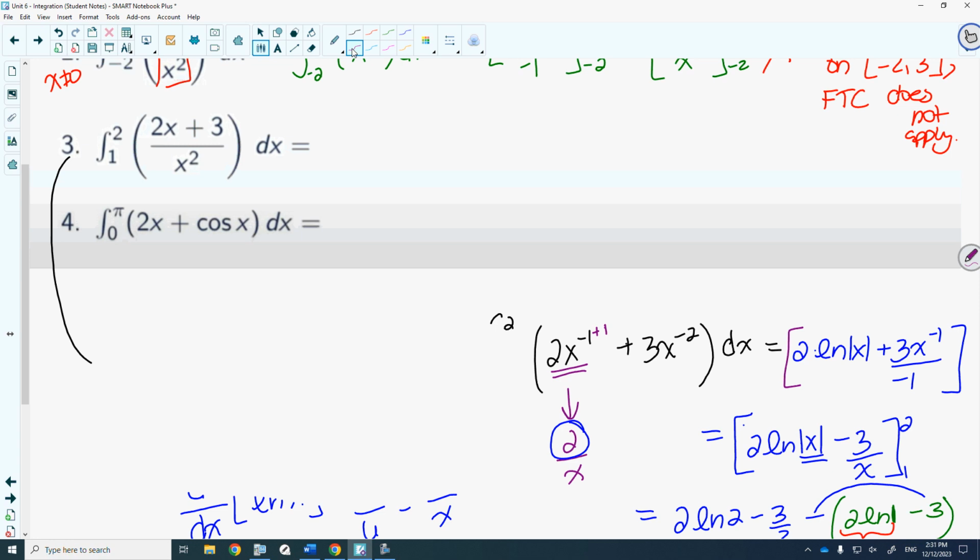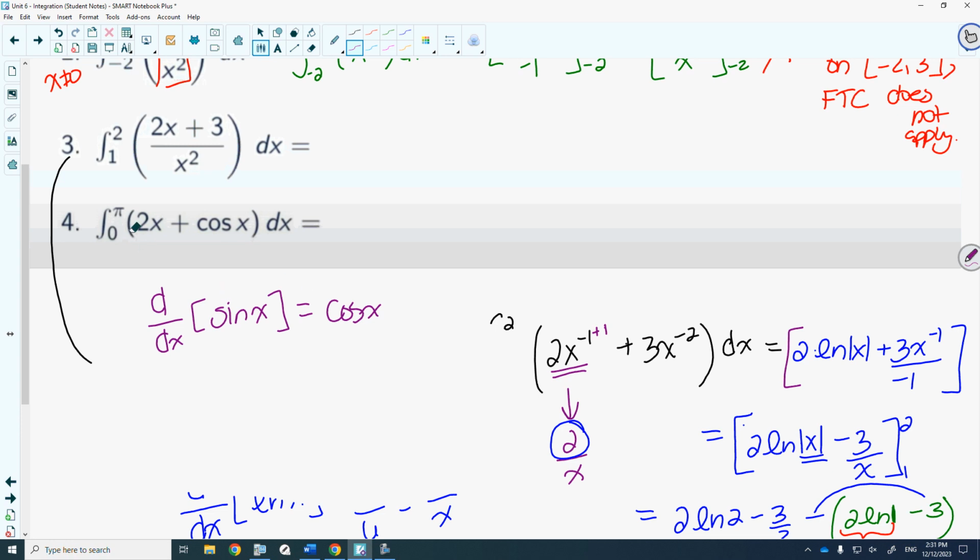For example, if I said, what is the derivative with respect to x of sine of x? The derivative of sine of x is cos of x. So if I want the antiderivative of cos of x, it's going to be sine of x.